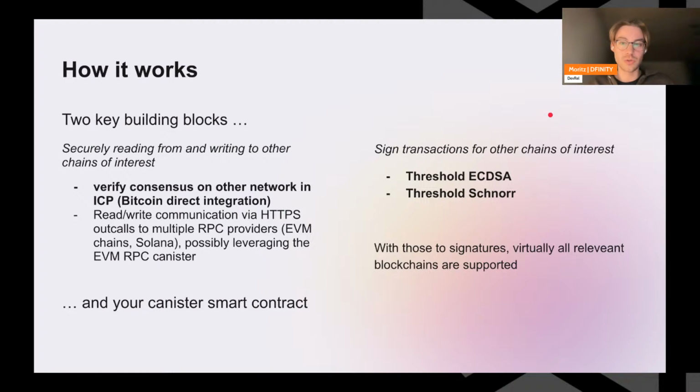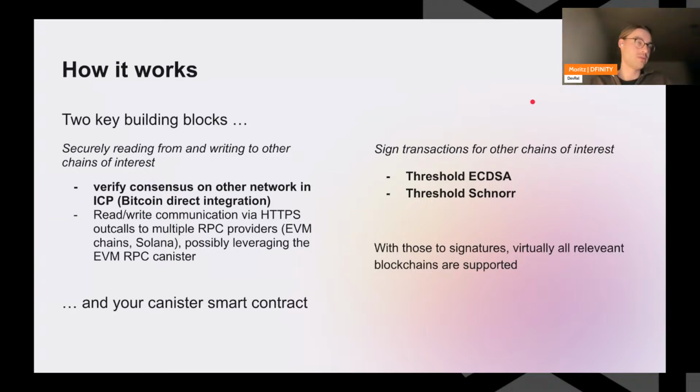All right, so basically, what you need if you want to integrate with another layer 1, if you think about it, are two key building blocks. You somehow need to be able to read state from the chain, and also you need to be able to write state to that chain.